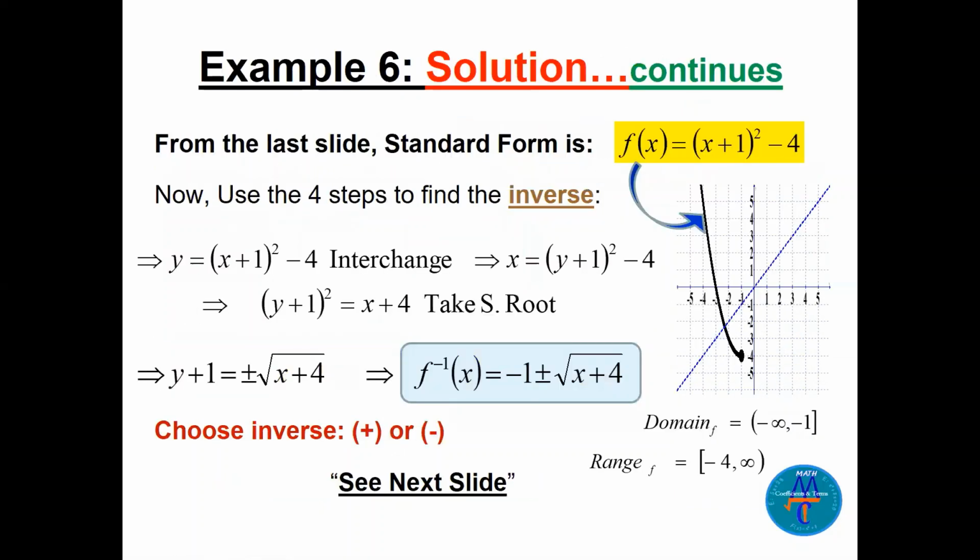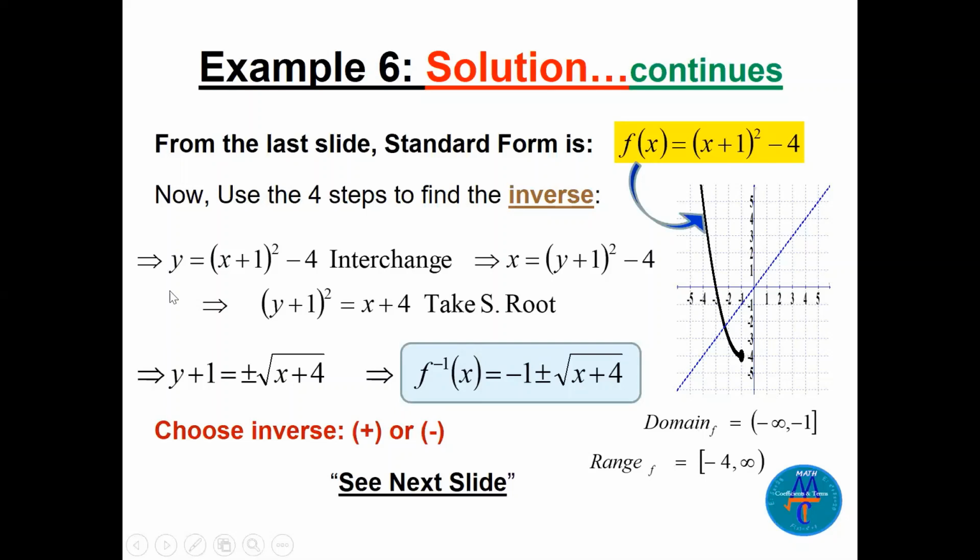You know the steps, 4 steps. See here, still again, this is the function f, f of x equals (x plus 1) squared minus 4. So the domain of the f is from -∞ until -1, and the range will be from -4, which is the k, until infinity. Now let's see the inverse.